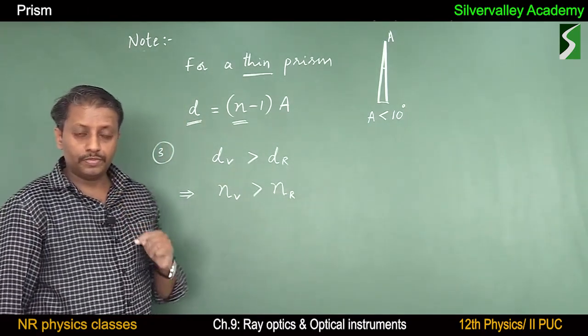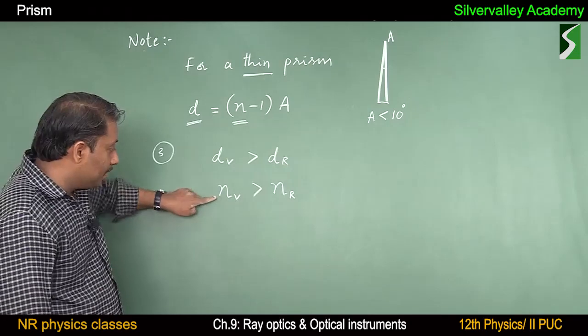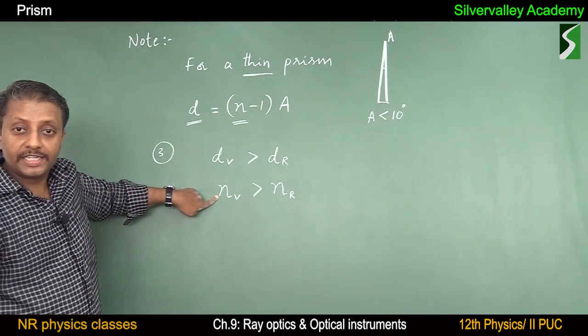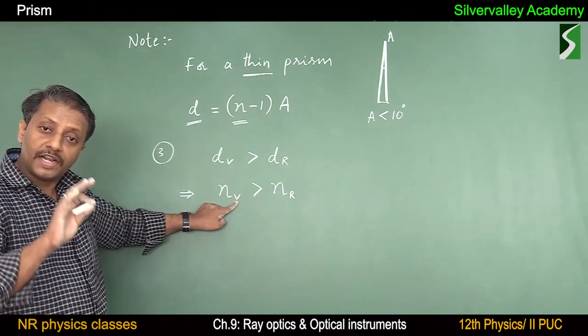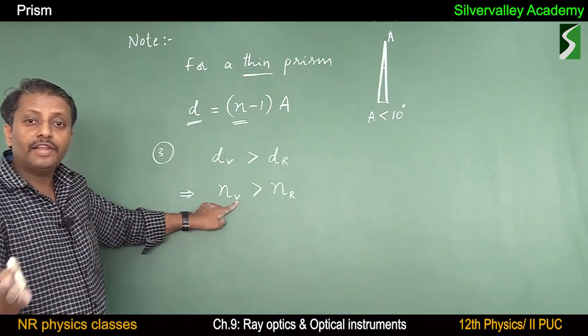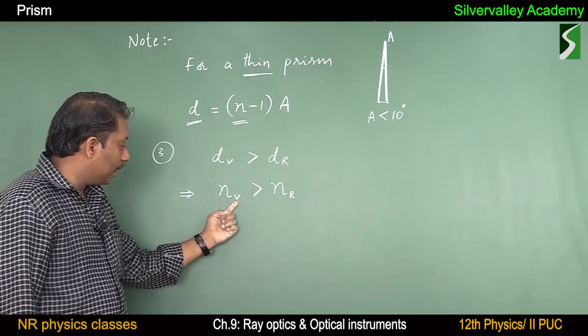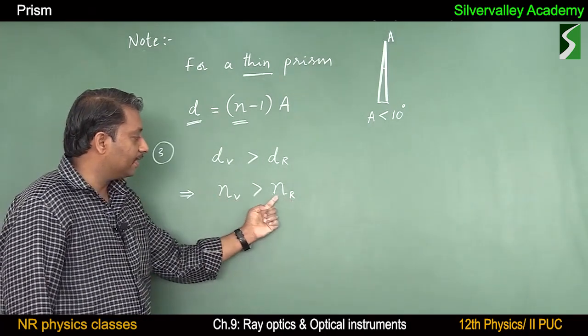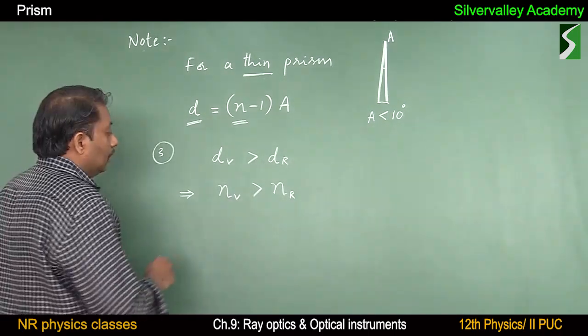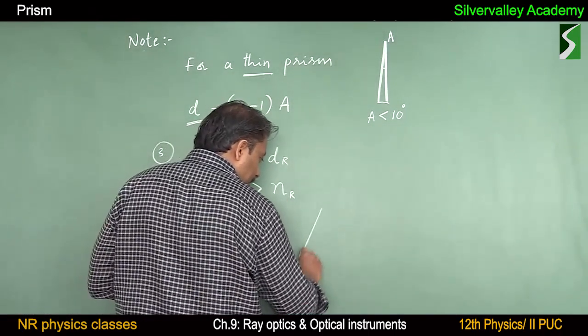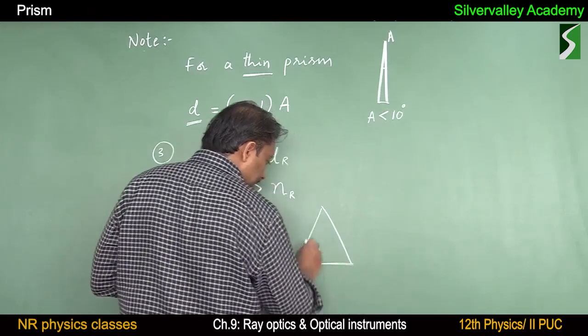Please follow, observe carefully. So refractive index changes from wavelength to wavelength, and for violet it is more, for red it is less. So this is greater than this.